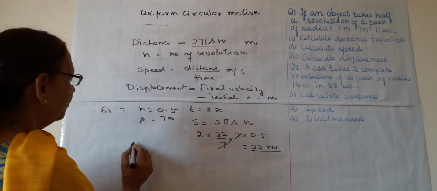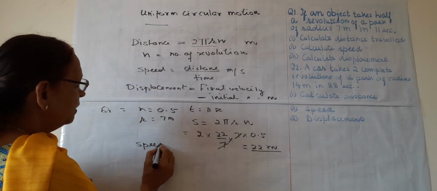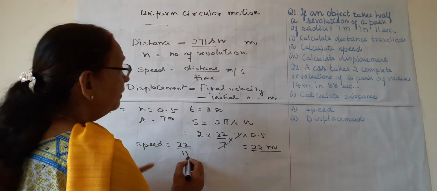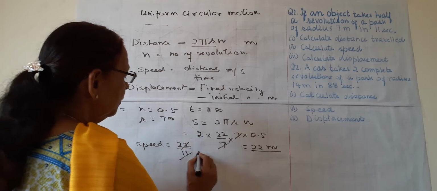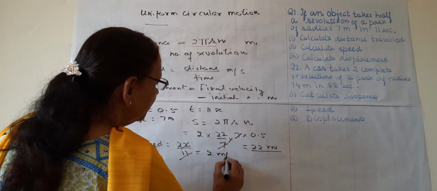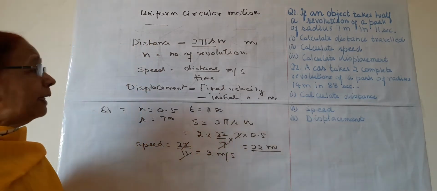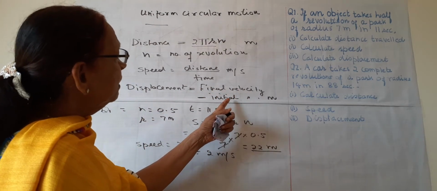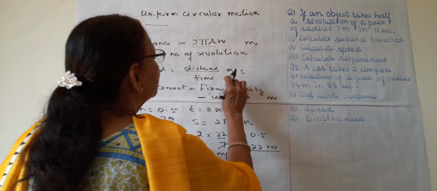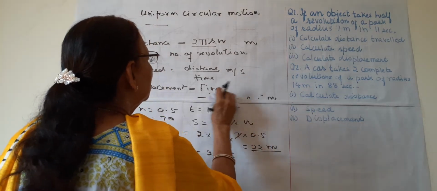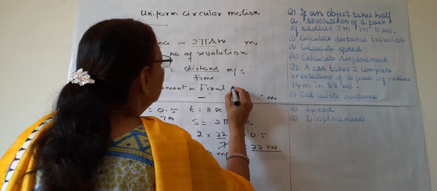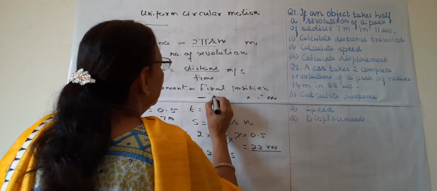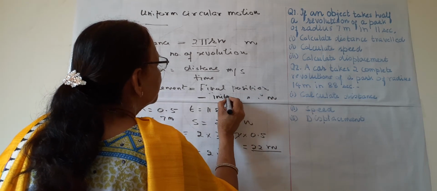Now we have to calculate speed. Speed is equal to distance upon time, 22 upon 11 seconds. So speed will be 2 meter per second. Now the displacement: final position minus initial position.